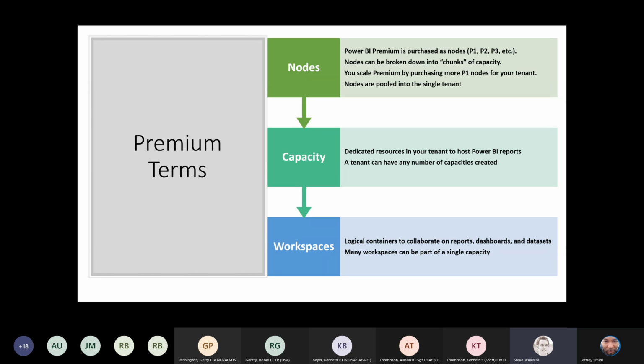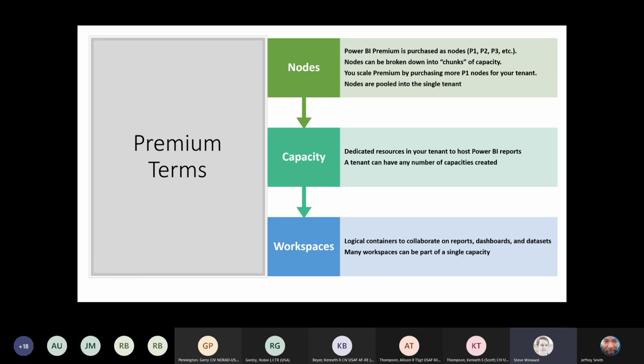When it comes to the hierarchy of premium, the very highest level are nodes. When Power BI Premium is purchased, for example, Air Force already has three P1 nodes. From there, those individual nodes can be broken out into capacities. Capacities are dedicated resources, and they don't affect other capacities.